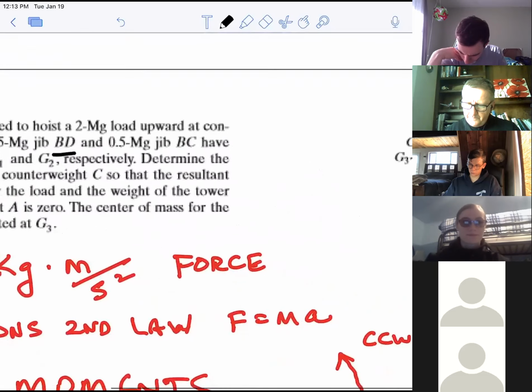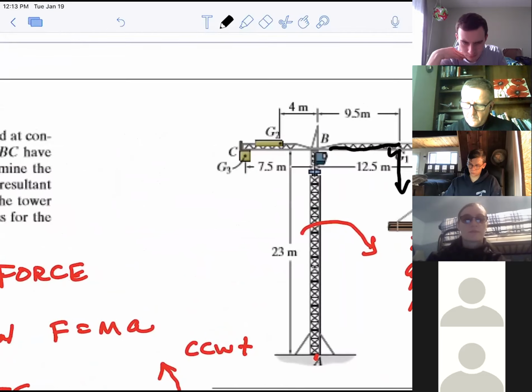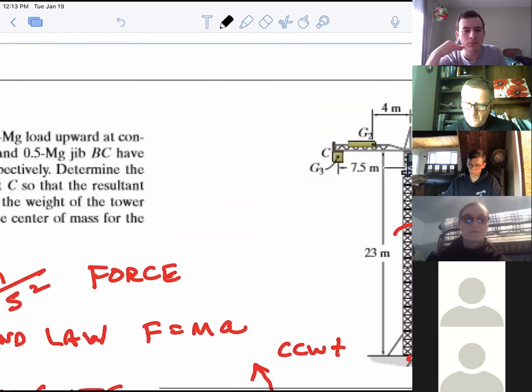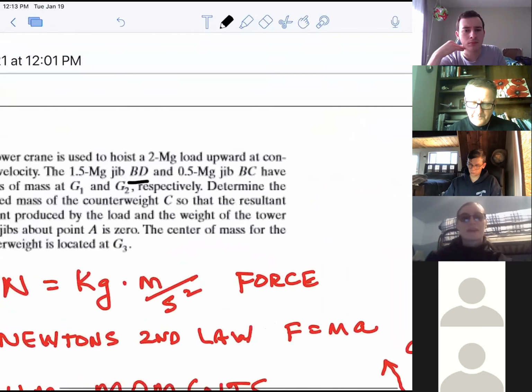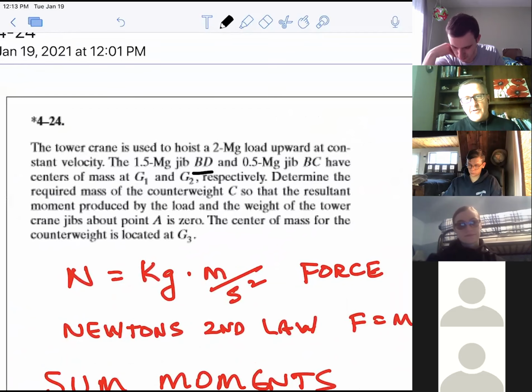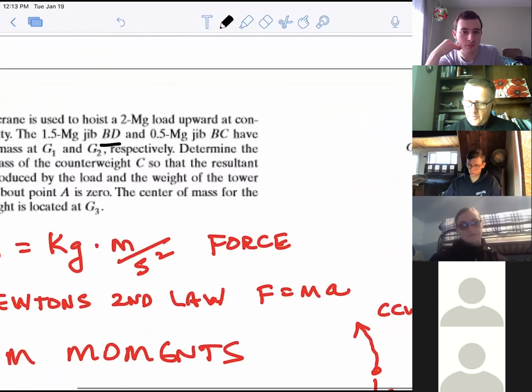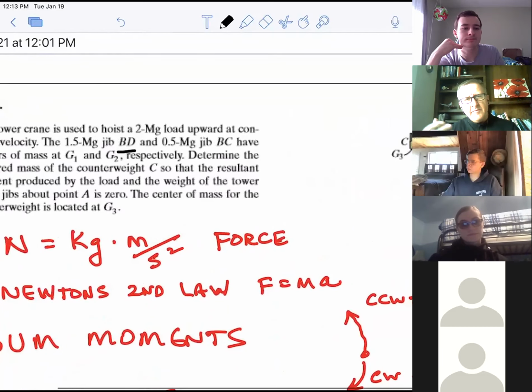No, that's the second half of the sentence. So the 1.5 megagram jib BD is that G1 center of gravity. Yeah. So G1 was the one we just did a second ago. So no, they haven't referenced G3. That's down further in the problem. So I wasn't reading that very carefully. And then you're going to find that when you read these, they're sometimes easy to interpret.